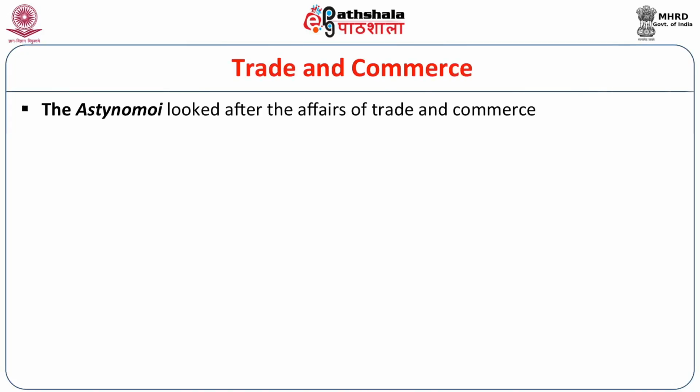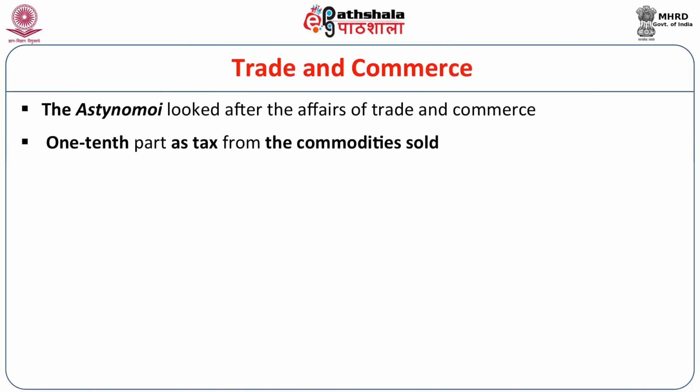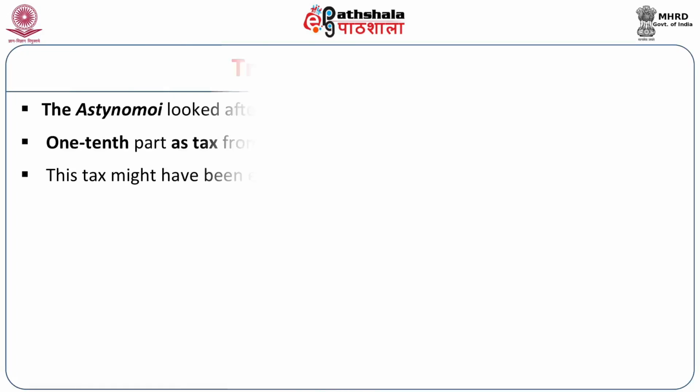The agronomy officers, again, constituted very high-ranking officers. They looked after the affairs of trade and commerce, collecting 1/10 part as tax from the commodities sold. Whatever commodities were sold in the market, 1/10 part was charged as the king's tax for the state.